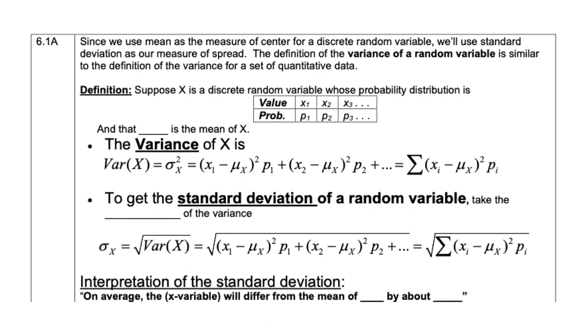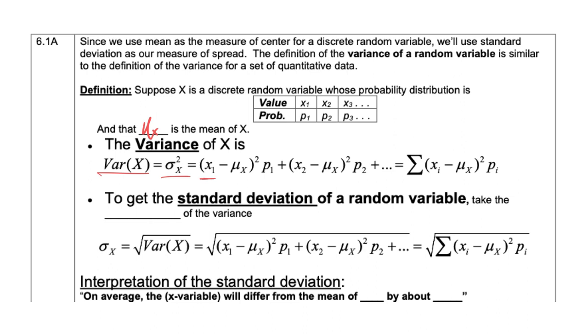Okay, the definition of variance of a random variable is similar to the definition for quantitative data. So suppose we have x. Here's our table again, and mu x is the mean of x. Remember, that was our expected value. The variance of x is going to be sigma squared of x. And here's how you find it.